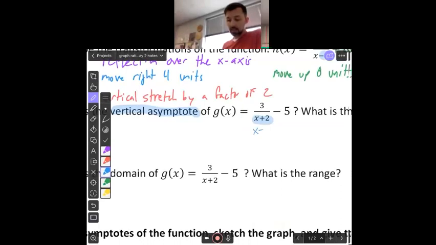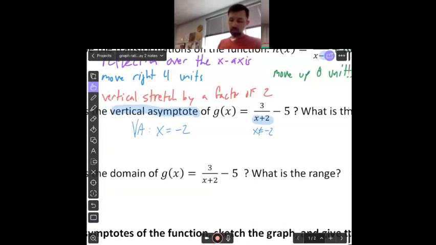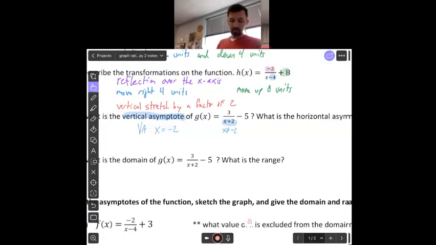So x can't be -2, which means that our vertical asymptote is at -2. Asymptote describes the x part where it won't touch that line. So just looking at the denominator, figure out what the x value would make things go bad. That's your vertical asymptote. The horizontal asymptote always wants to be 0.